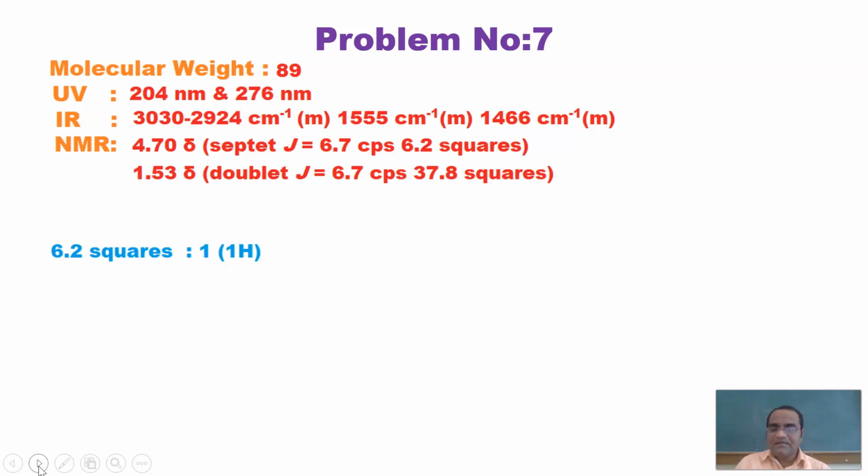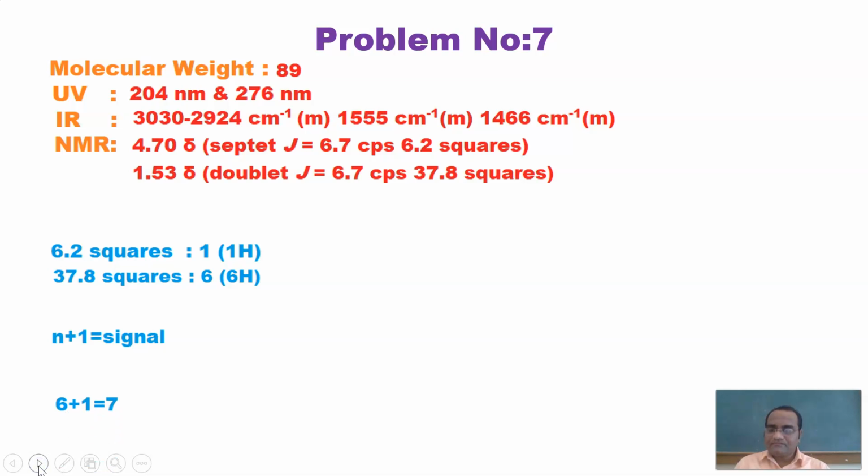Whenever it is septet and doublet, it should be a branched one, because one carbon can bear only 3 hydrogens. So here the number of hydrogens I have written is 6, so I have again divided it by 6. So the ratio will be 1:6. The signal follows n plus 1.